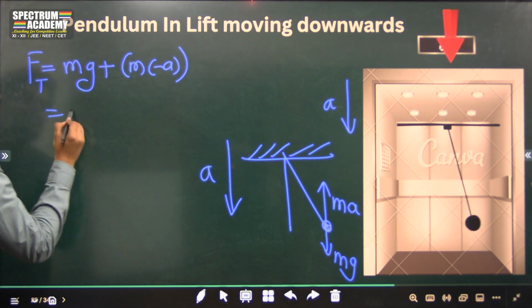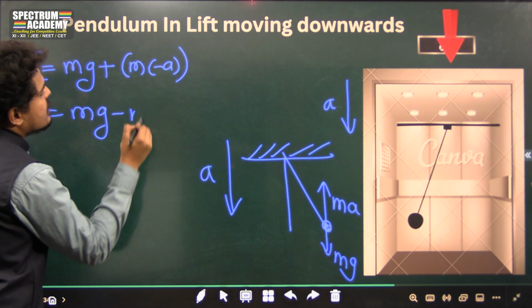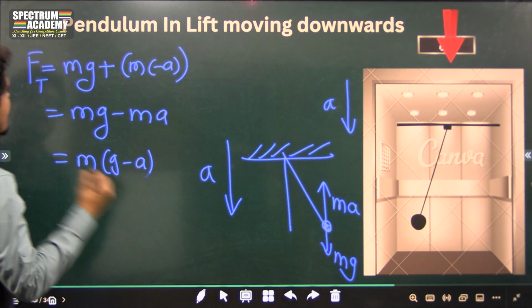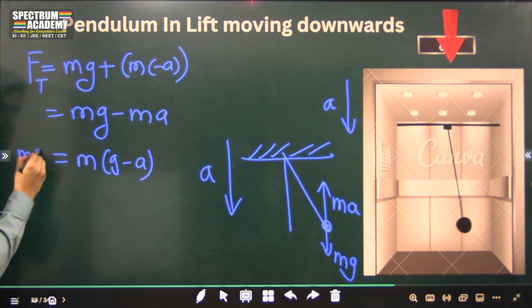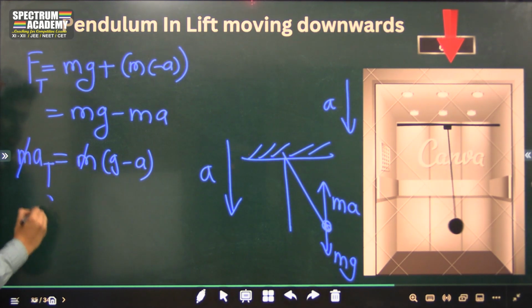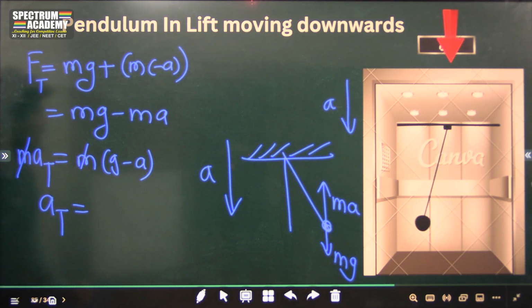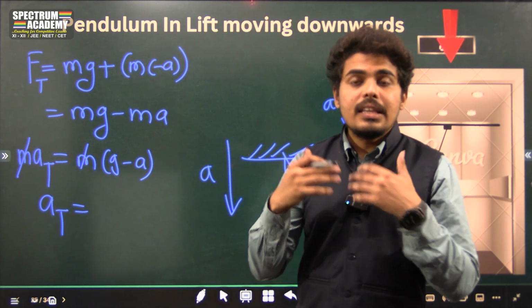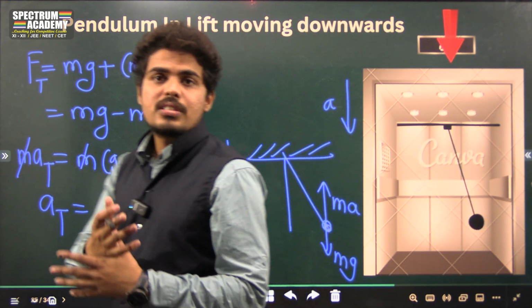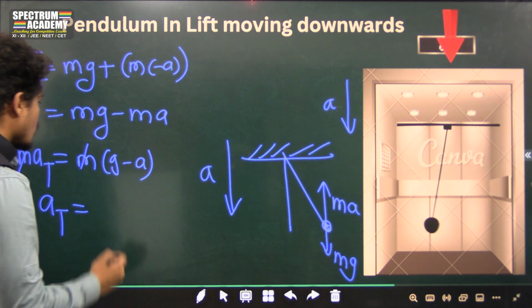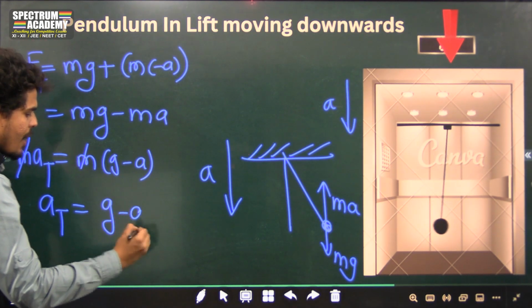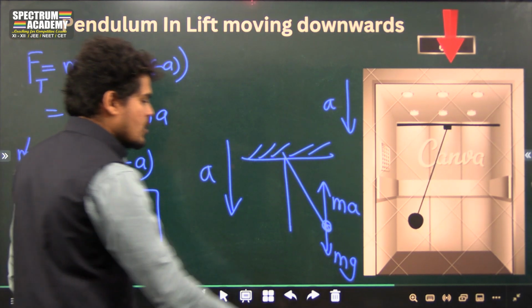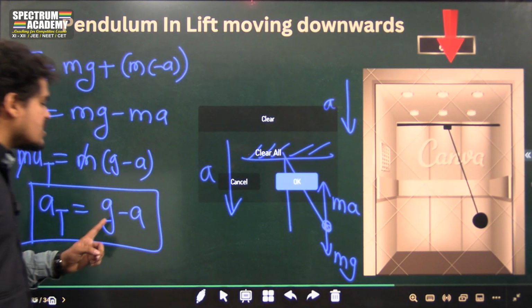So we can write it as mg minus ma, so m into g minus a, and the total force is m into total acceleration. m gets cancelled. So the resultant effective acceleration for the bob of the pendulum in the lift moving downwards with acceleration a is g minus a. So the acceleration is g minus a.